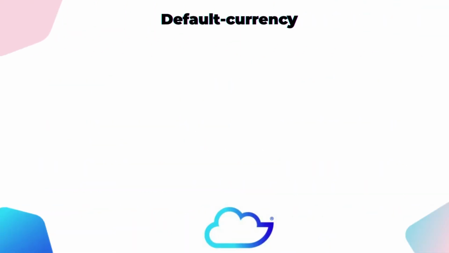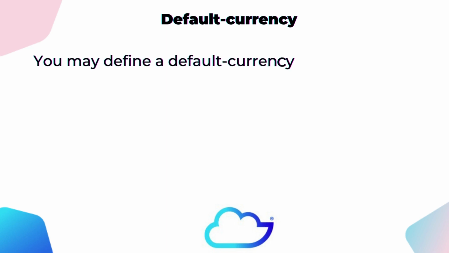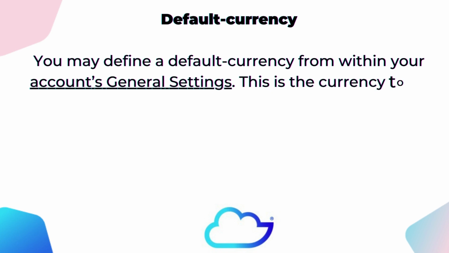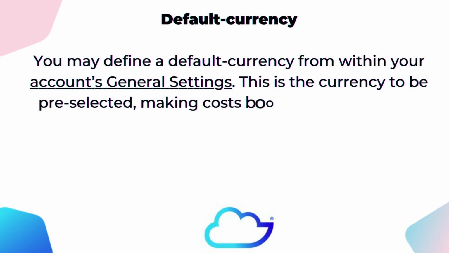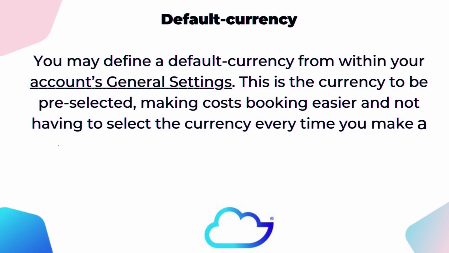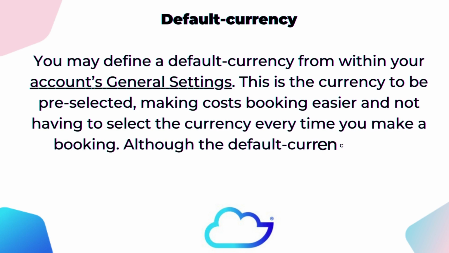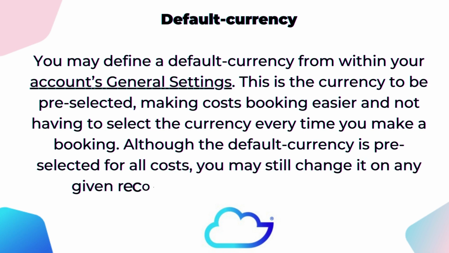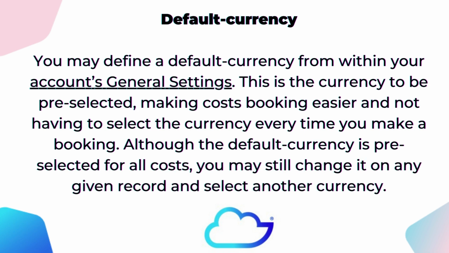Default currency. You may define a default currency from within your account's general settings. This is the currency to be pre-selected, making costs booking easier and not having to select the currency every time you make a booking. Although the default currency is pre-selected for all costs, you may still change it on any given record and select another currency.